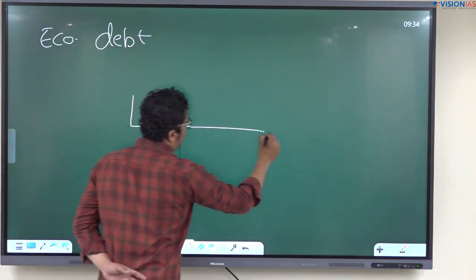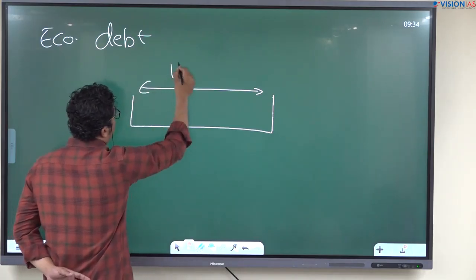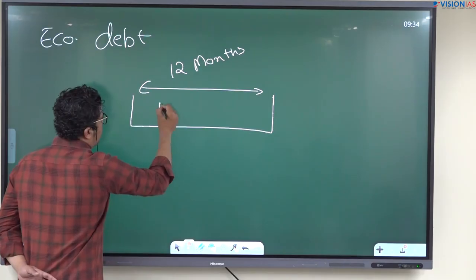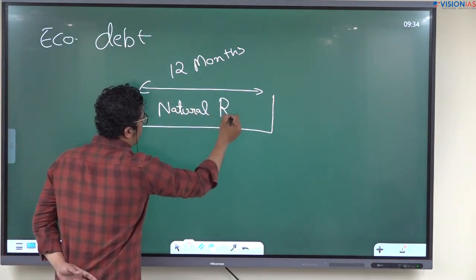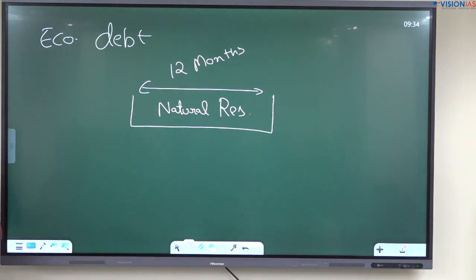Suppose for a complete year, for 12 months, natural resources are available. That for the coming year, whatever your needs are, natural resources are given to you, and you have to take care of your needs by these resources.